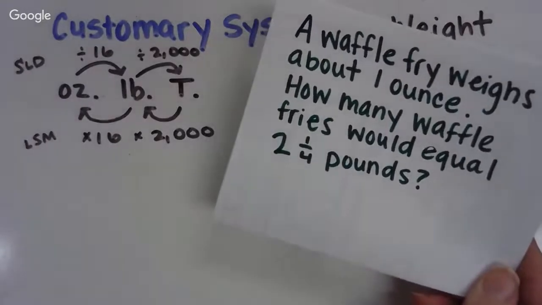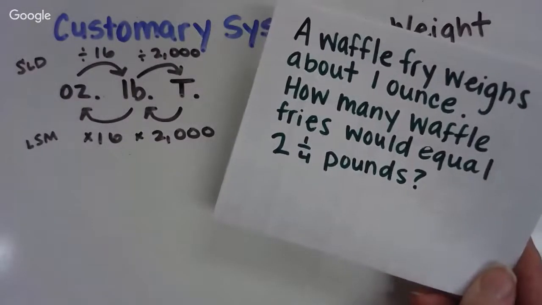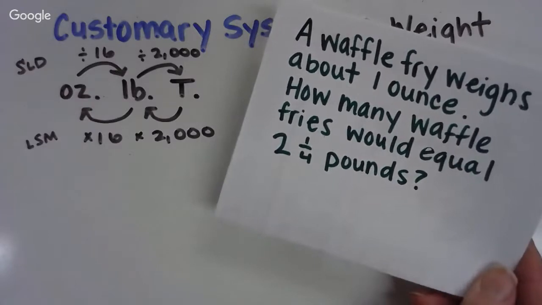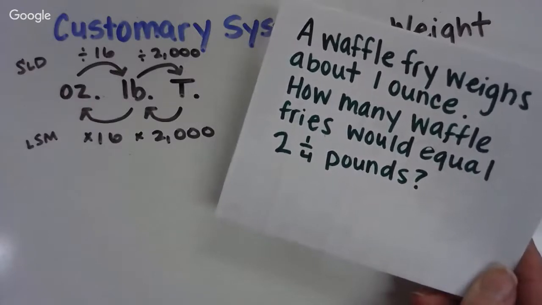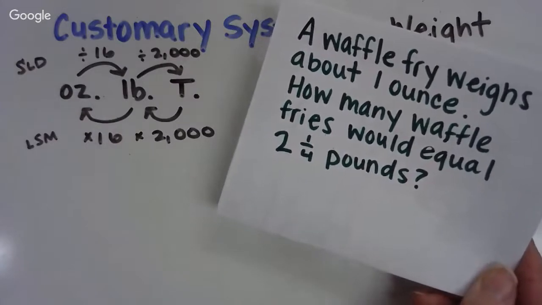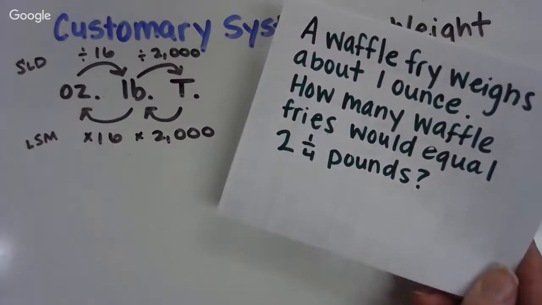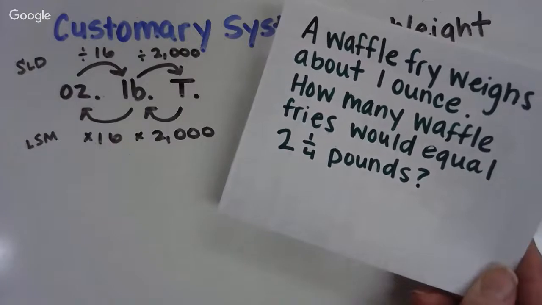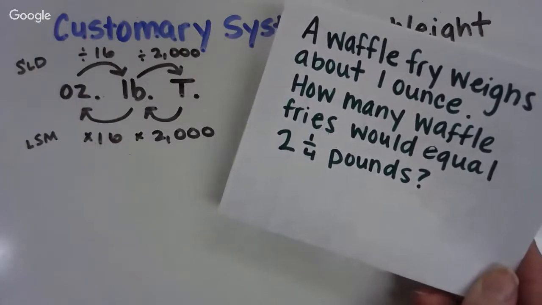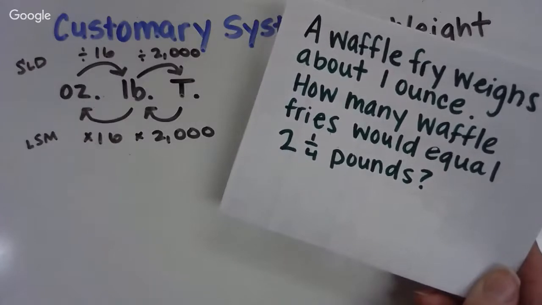Here is a question about waffle fries. A waffle fry weighs about 1 ounce. How many waffle fries would equal 2 1/4 pounds? So the first thing that I do is I scan my question for my given measure. My given measure will be my starting point as I utilize my chart, which is like a map for solving.